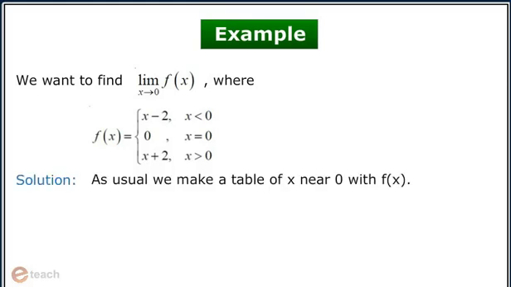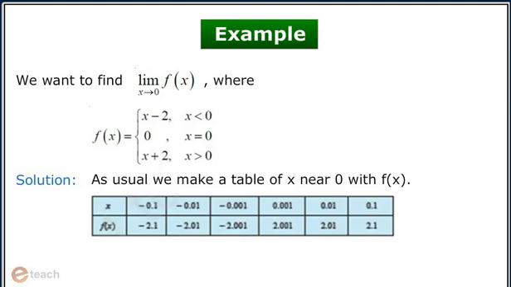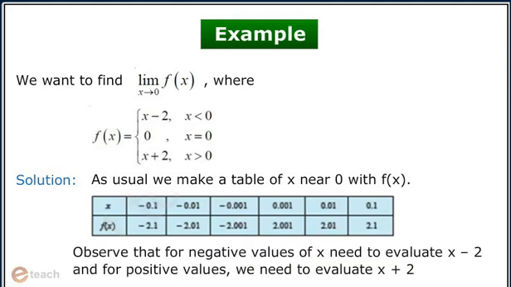As usual, we make a table of x near 0 with f(x). You can clearly observe from the table that for negative values of x we need to evaluate x minus 2, and for positive values we need to evaluate x plus 2.